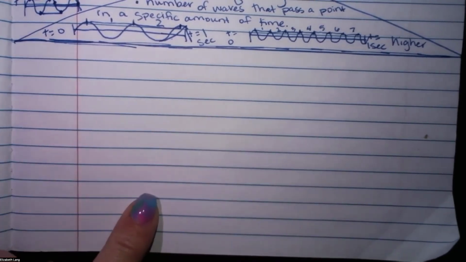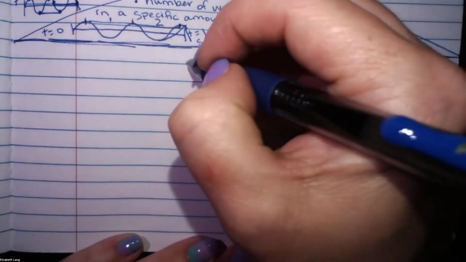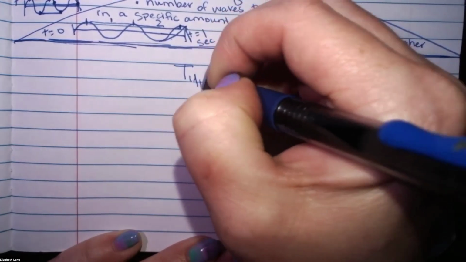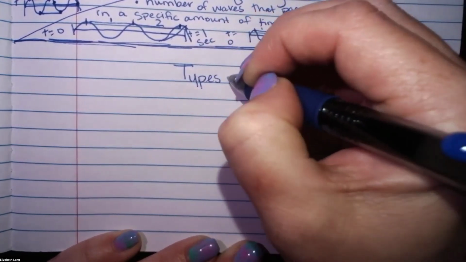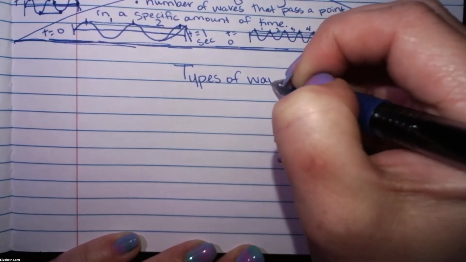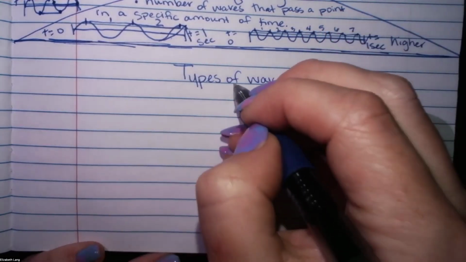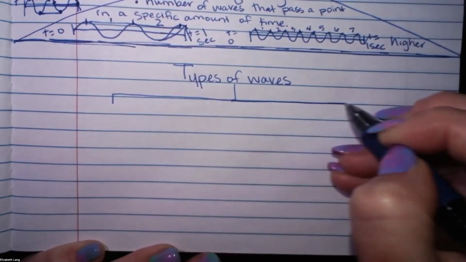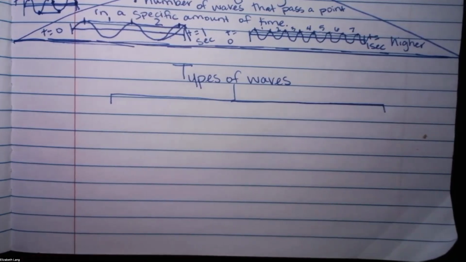Our last area here, we're going to keep this all the same, and we're going to just talk about the types of waves. Okay. There are two major types of waves that we're going to break down.